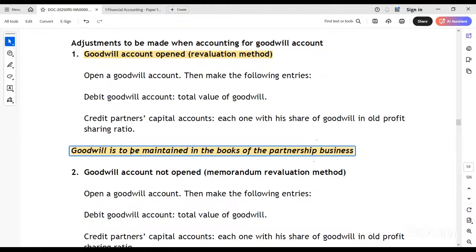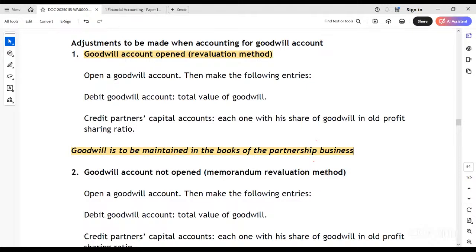Then the other method is known as the memorandum revaluation method. That is method 2. Under the memorandum revaluation method, you will find that the goodwill account is not opened, in brackets, memorandum revaluation method.